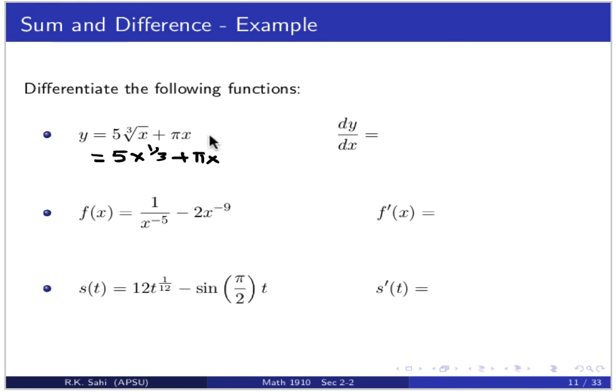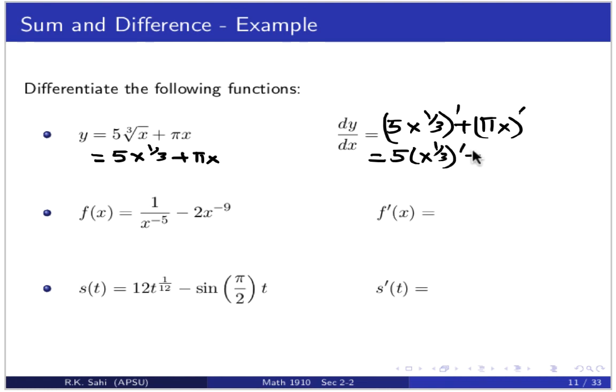So if I take the differential of this function, which is y, it will be the differential of 5x to the 1/3 plus the differential of pi x. Now 5 is a constant in the first expression, and pi is a constant.